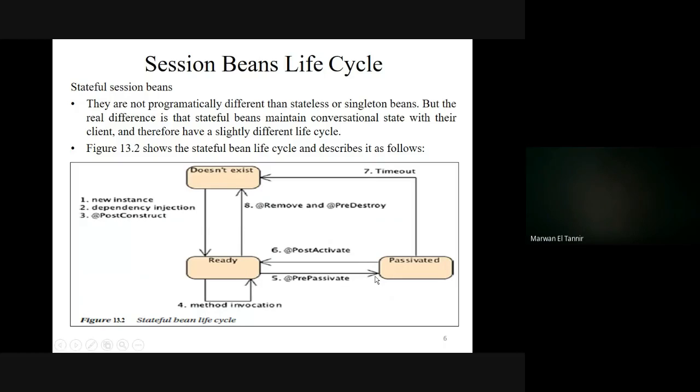Same, when the client again requests a method of this session bean, the container would call the method annotated with post-activate, and then put it in memory for use and execute the methods of the bean.